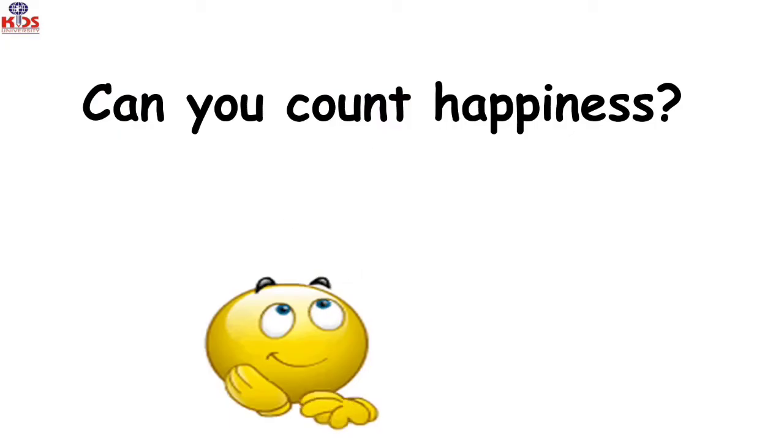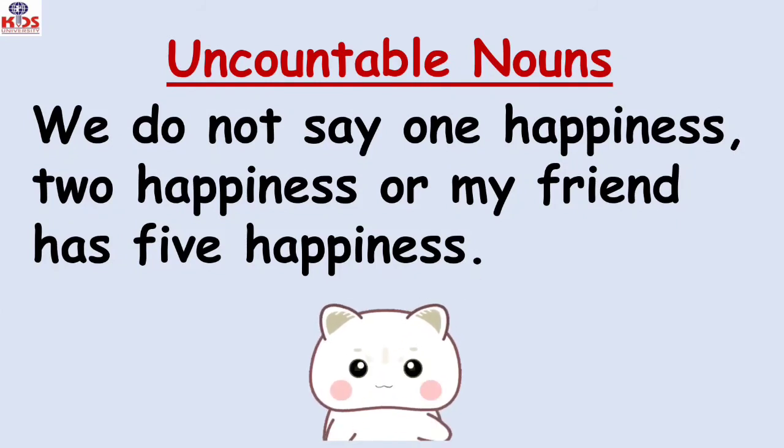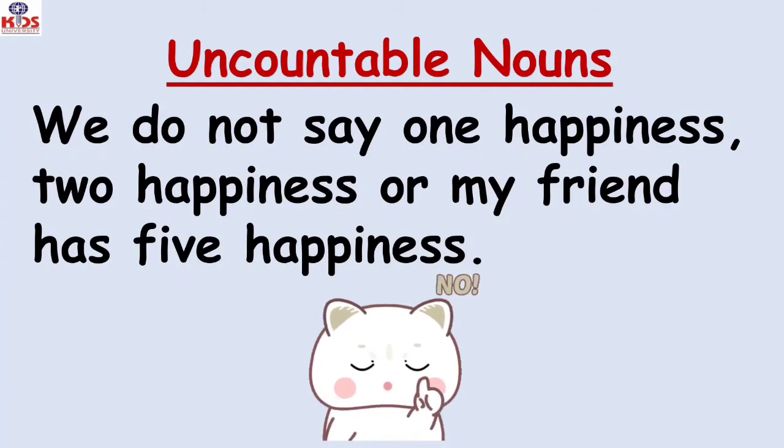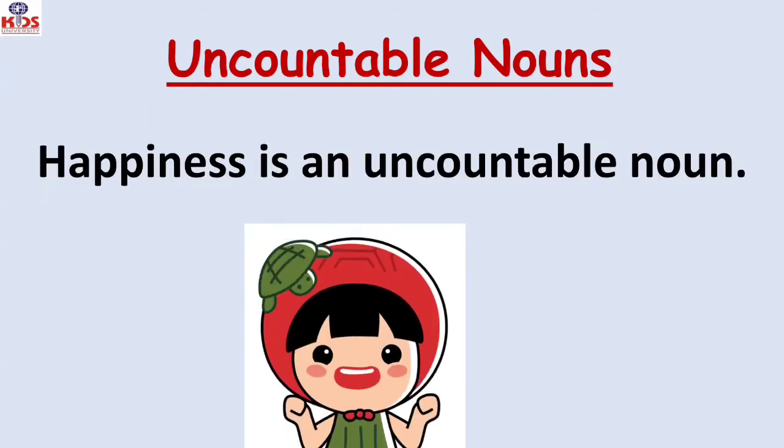Can you count happiness? Can you say one happiness, two happiness, or my friend has 5 happiness? Have you ever heard like that? No, you can't really count it. Happiness is an uncountable noun.